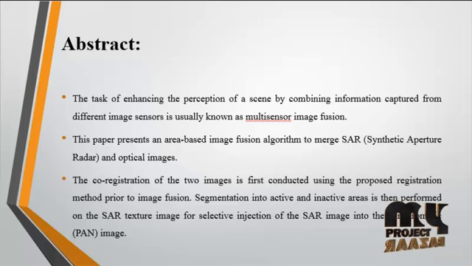The co-registration of the two images is first conducted using the proposed registration method prior to image fusion. Segmentation into active and inactive areas is then performed on the SAR texture image for selective injection of the SAR image into the panchromatic, that is PAN image.